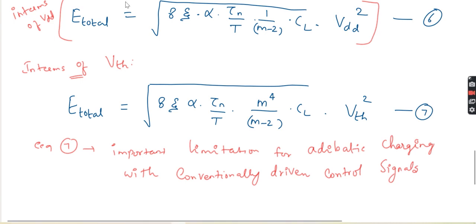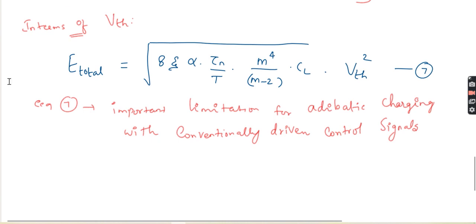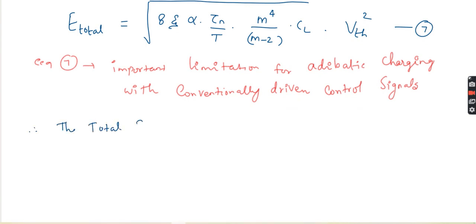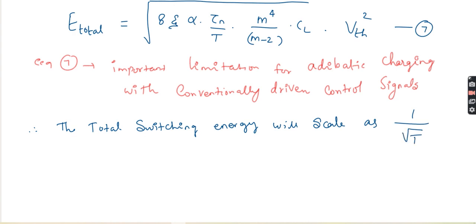Because of the complete dissipation of the controlling gate energy, the total switching energy will scale as 1 by root t, as opposed to 1 by t.